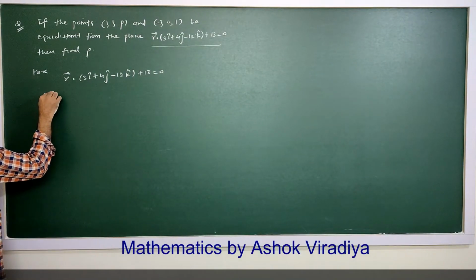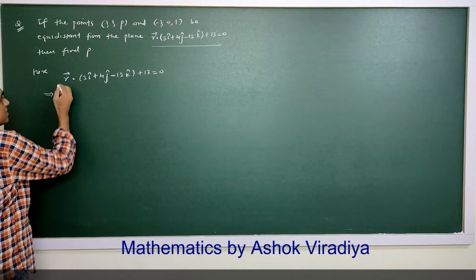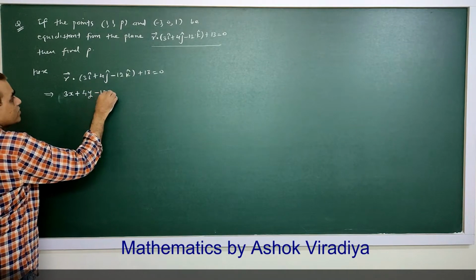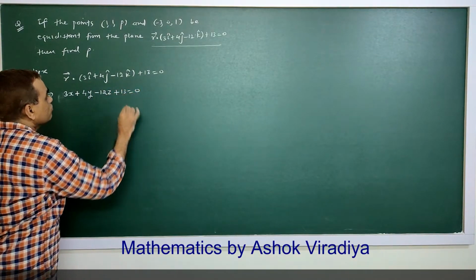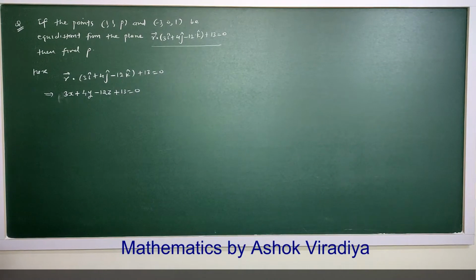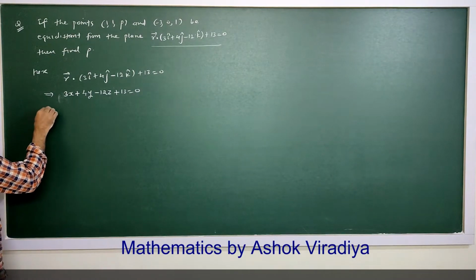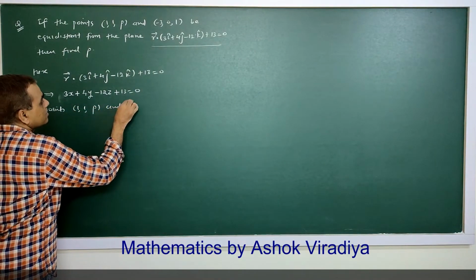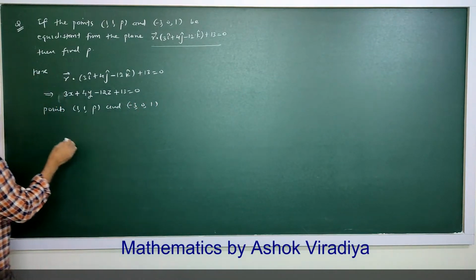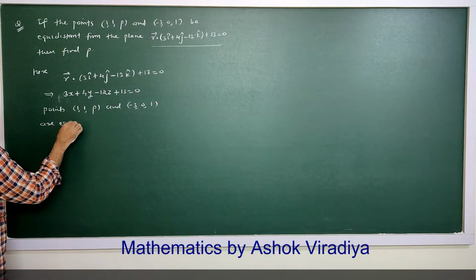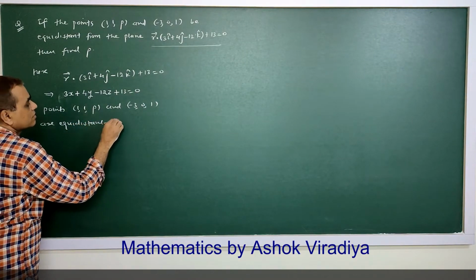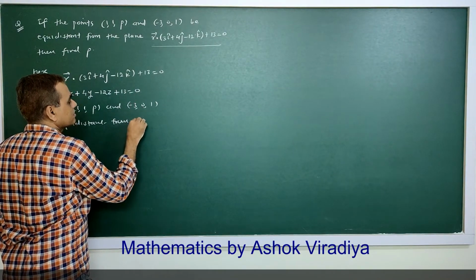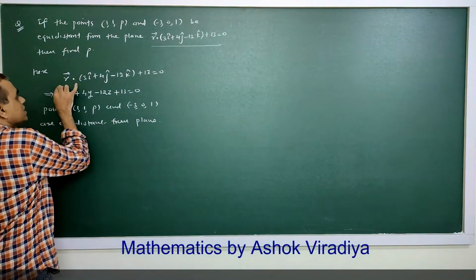In Cartesian form, this can be written as 3x plus 4y minus 12z plus 13 equal to 0. Now the points 1, 1, p and minus 3, 0, 1 are equidistant from this given plane.